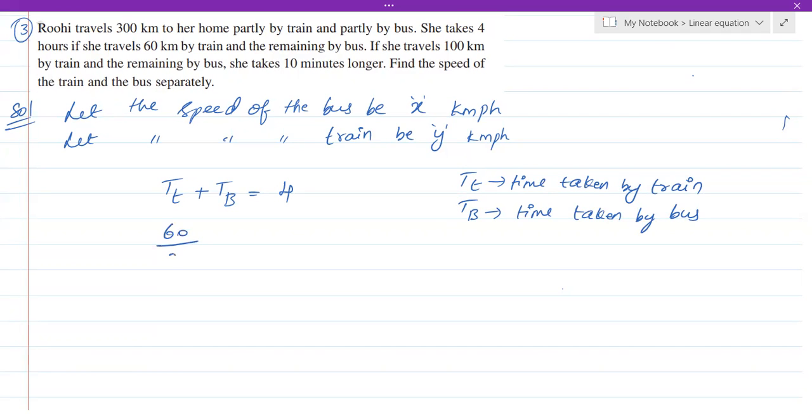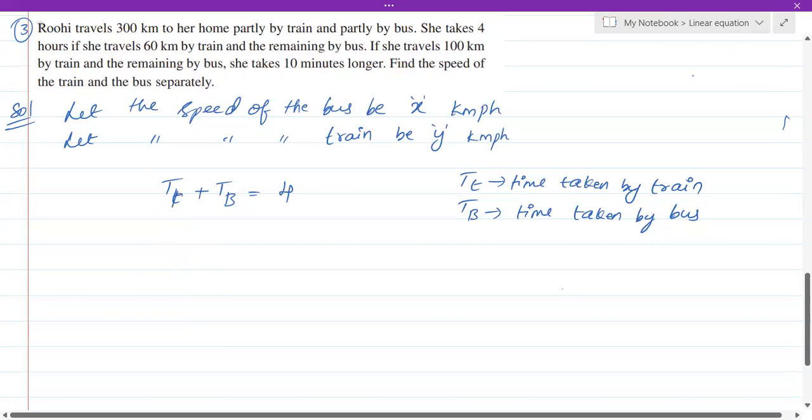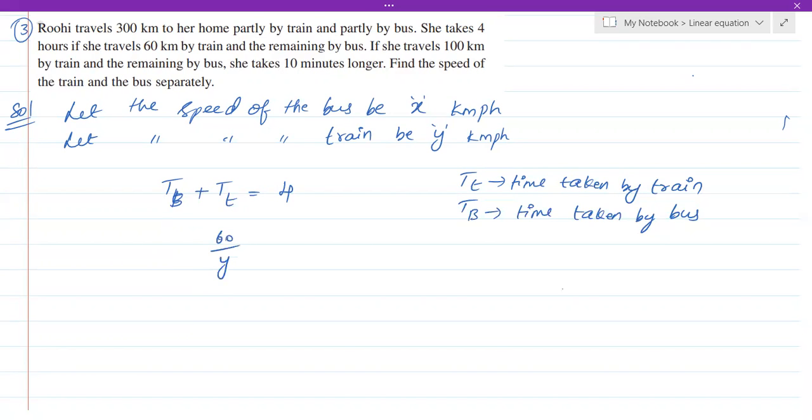By speed y, 60 by y. Let me write it like this: time taken by the train is 60 by y, plus the time taken by the bus. She is traveling 60 km by train, so the remaining is how much? 240 km will be by bus.